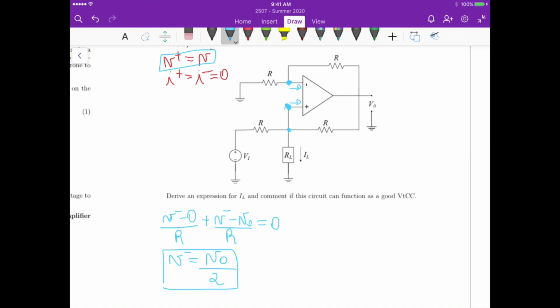So we know the voltage here, and we also know the voltage that's applied through the RL here, which can give us IL.